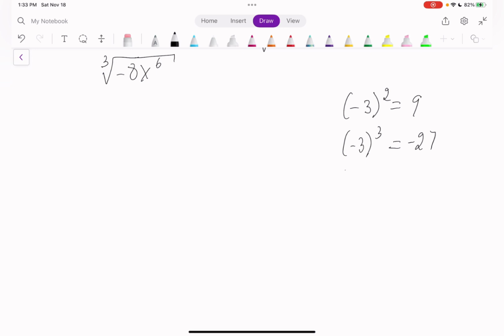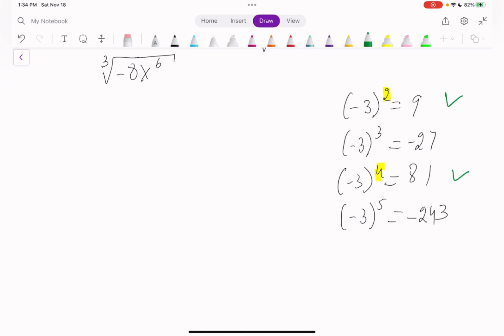Or if I take negative 3 to power 4, it's going to be what? 81, positive 81. But if I take negative 3 to power 5, it's going to be negative 243. Okay? So pay attention to what we have. When we have even degrees for a negative base, we are getting the positive answer, right?